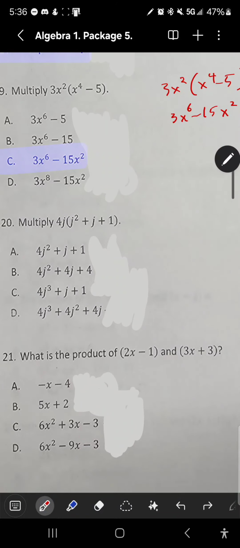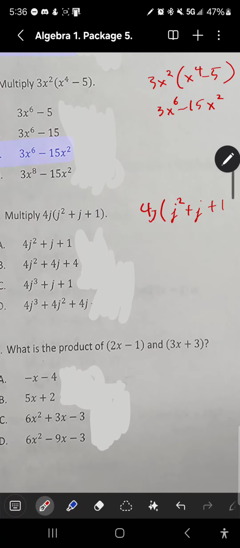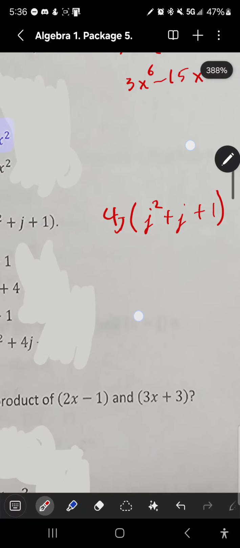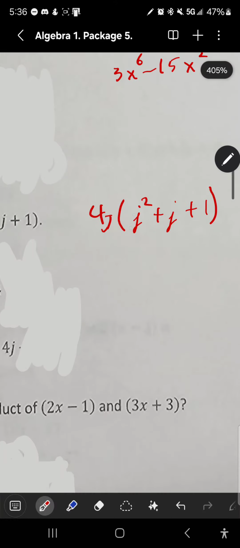Now here, let's look at this one. 4y times y squared plus y plus 1. So this is going to be equal 4 times 1, we don't have a number, so it's 4. And y times y to the 2 equals y to the 3, because 1 plus 2 is 3.